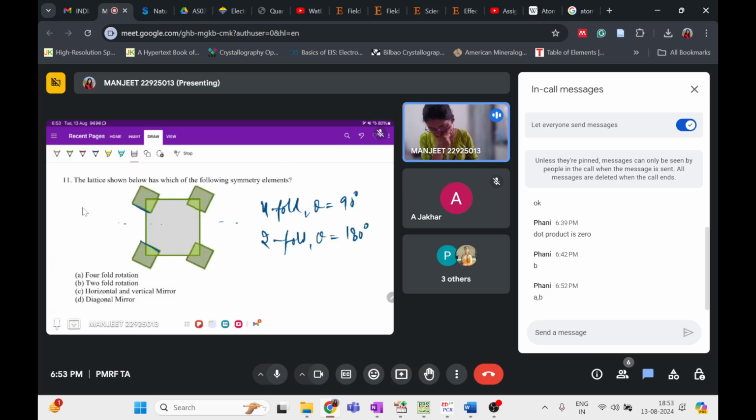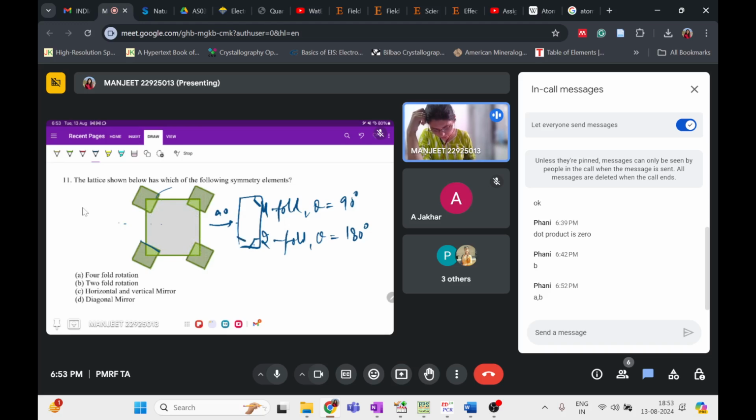Okay, let's see. If I rotate this by 90 degrees, this point will go to here. So this will become this, and this will become this.